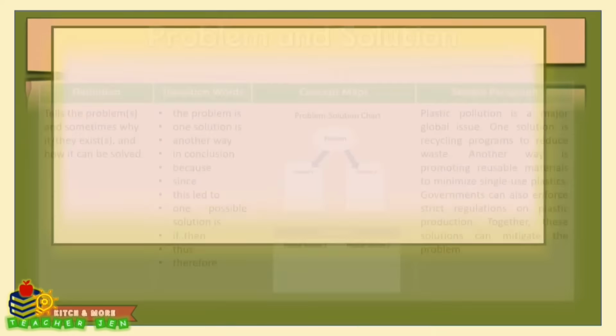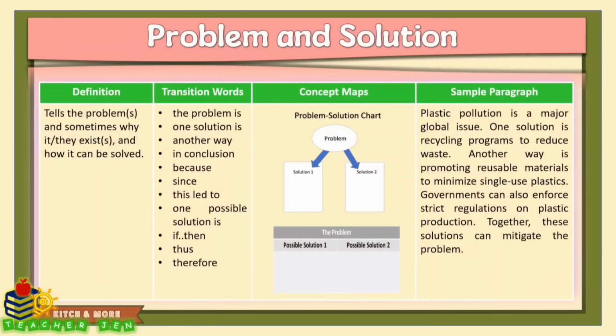Now here is the problem and solution grid or table that shows the definition, the transition words, the concept maps, and the sample paragraph. We have here the definition of problem and solution. It tells the problem and sometimes why it exists and how it can be solved. And what are the transition words that we will use?